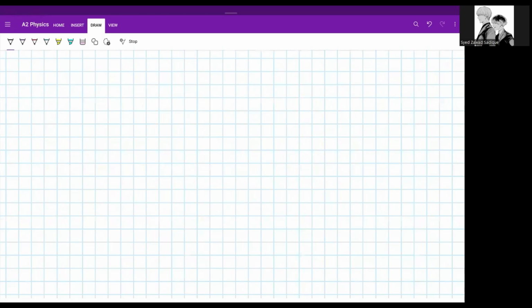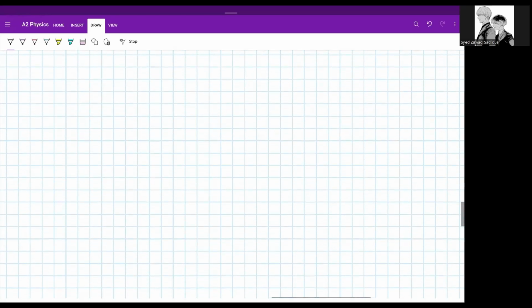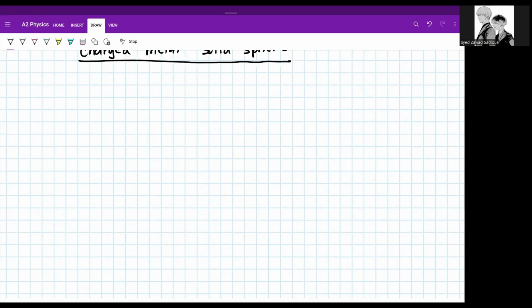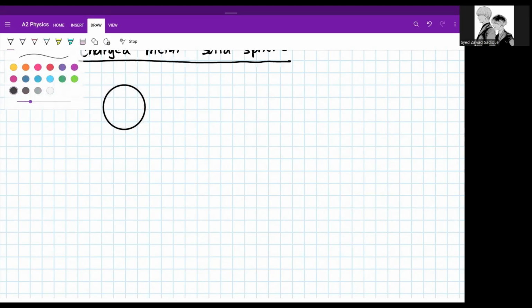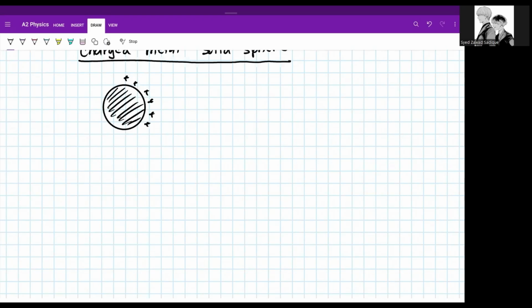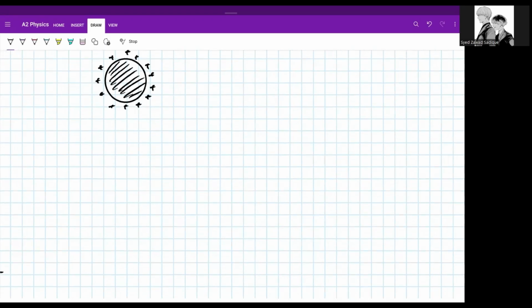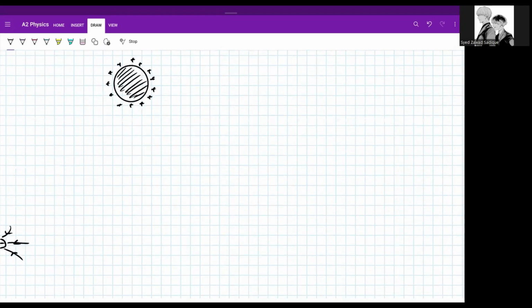Now, watch this. Okay, right. Let's say this charged particle is positive. Okay. Now, let's draw a graph around this.